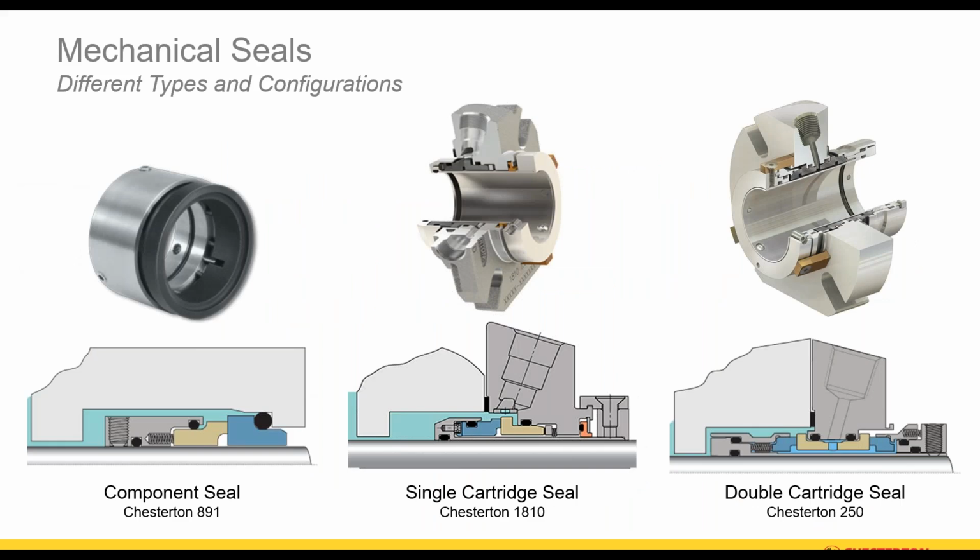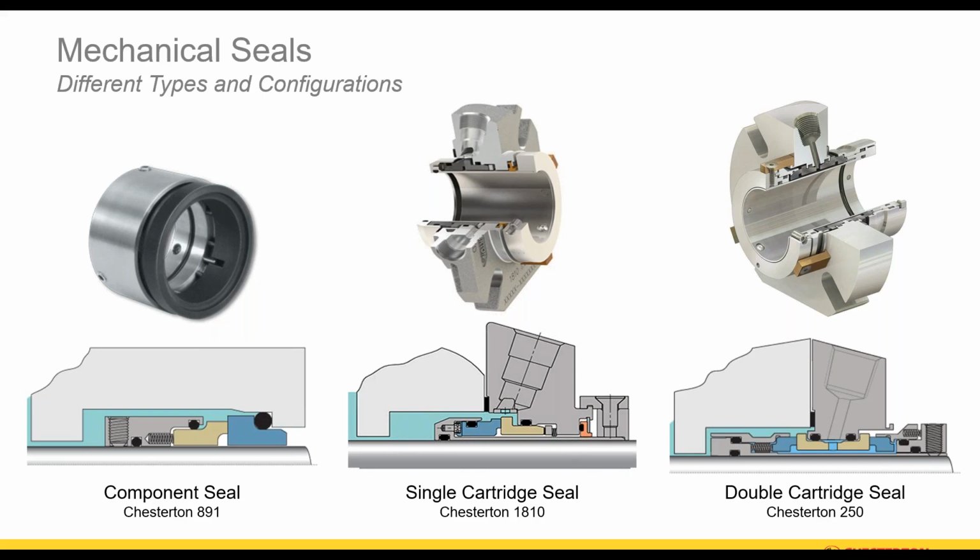So as I alluded to earlier, there are many different types of configuration of mechanical seals. Just for a little bit of clarity, we have what are known as component seals. These are seals that are separate components that get mounted to the pump or the agitator mixer separately and then brought together. You have cartridge seals, and obviously I haven't shown split seals or gas seals.